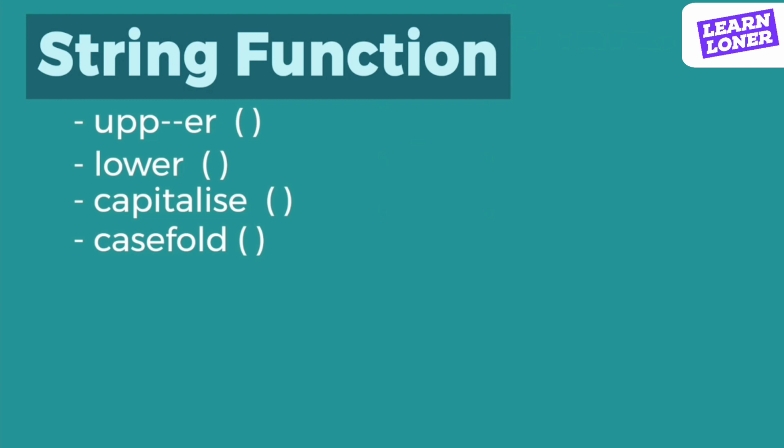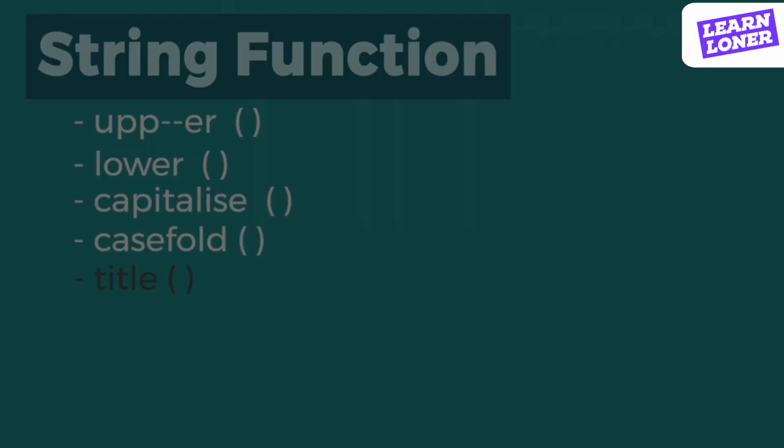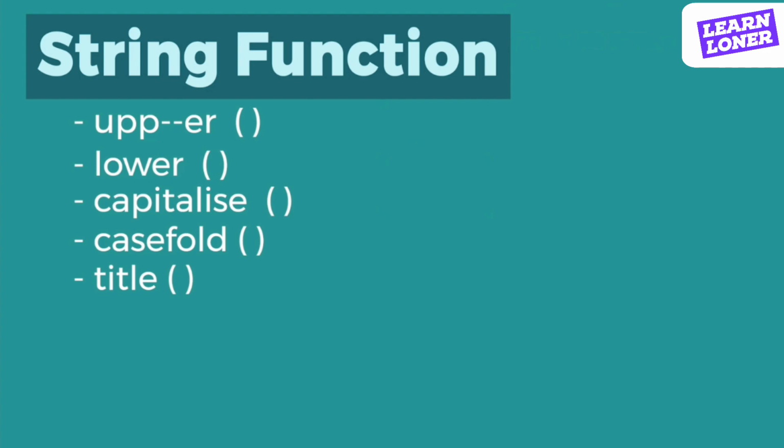So if you have a large amount of data and want to convert it to lowercase, use casefold instead of lower. Then we have the title function, which gives you the first character of each word capitalized. If you have a sentence of 5 words, the first character of all 5 words would be capitalized if you use the title function.